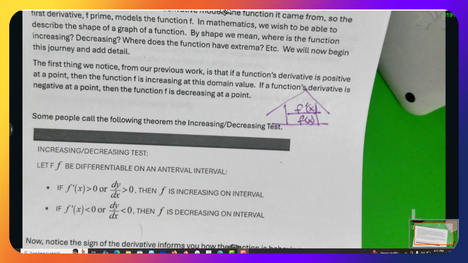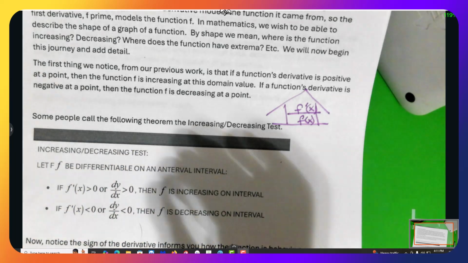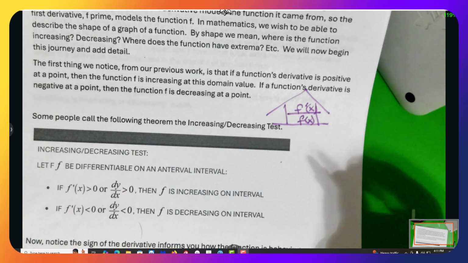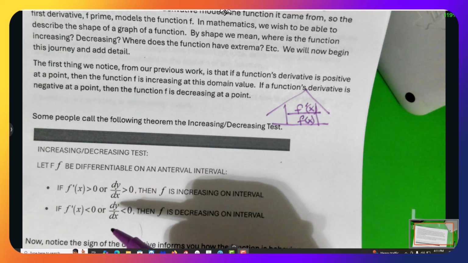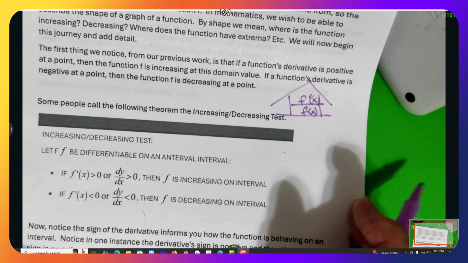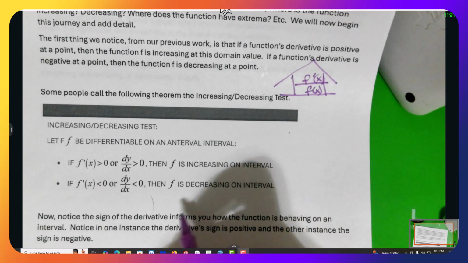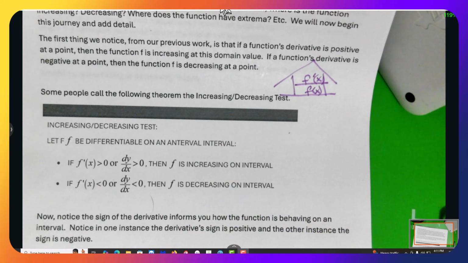It basically says this: if the derivative is positive on an interval, the function is increasing on the interval. If the derivative is negative on an interval, the function is decreasing on the interval. Notice the sign of the derivative is important, and it informs you how its function is increasing or decreasing. So some things become important.